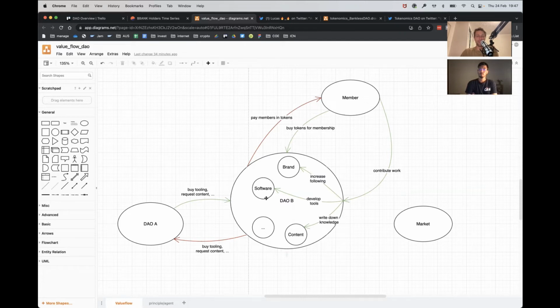I was trying to think how this value is connected to the token. That's a question that I'm still chewing on, sort of how that relates to it.